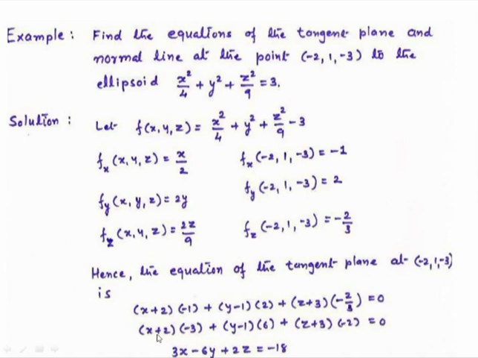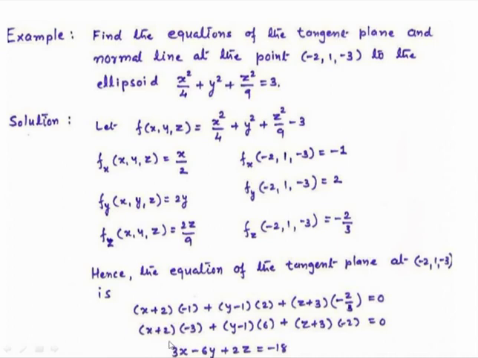So our equation is (x plus 2) into minus 3, plus (y minus 1) into 6, plus (z plus 3) into minus 2 is equal to 0. So we get minus 3x minus 6, then 6y minus 6, and then minus 2z minus 6.